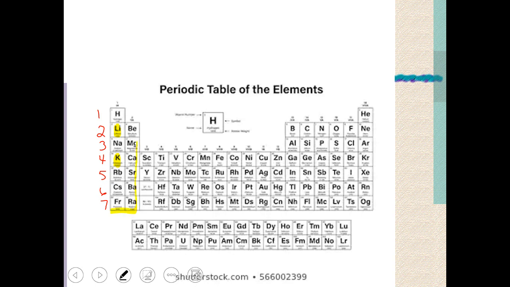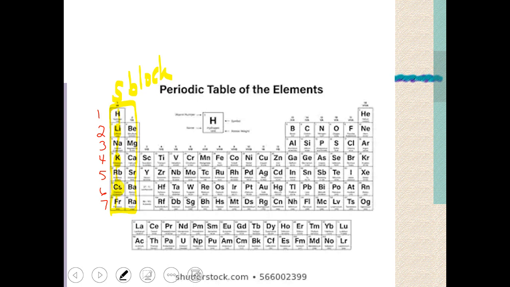This area right here, this is the S block. All of these elements in the first column end with S1. Lithium ended with 2s1. Potassium ended with 4s1.